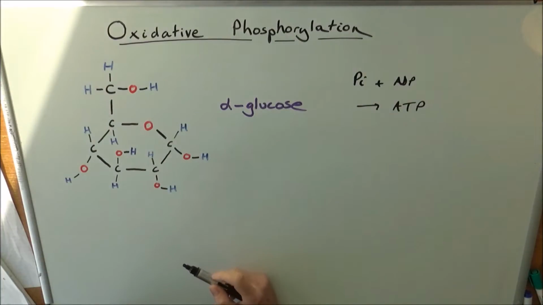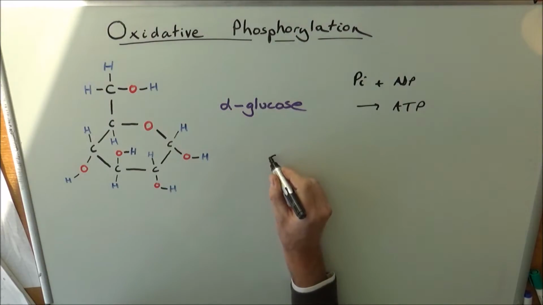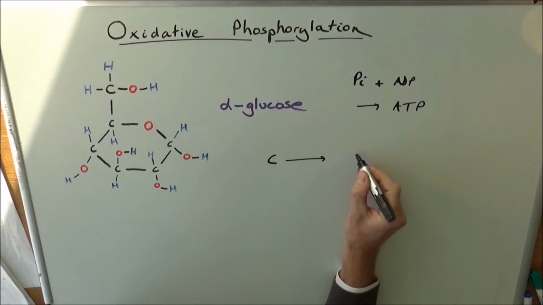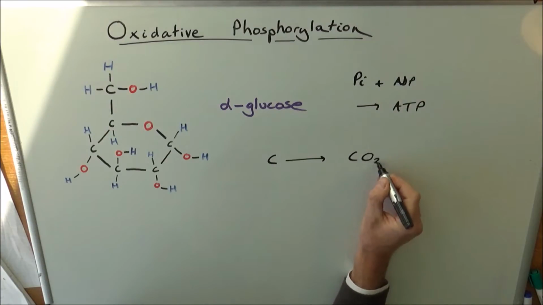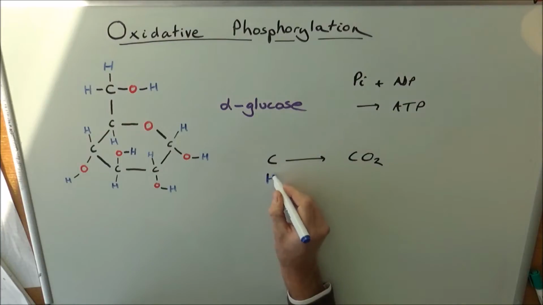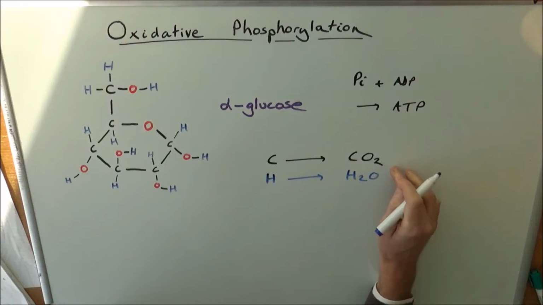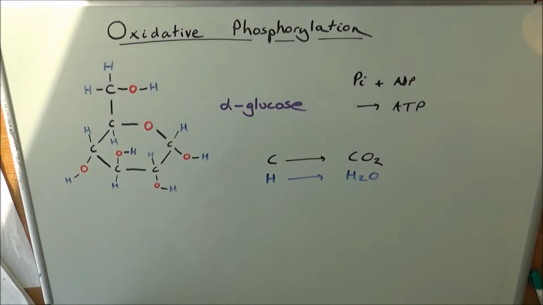At the very end of respiration, all of the carbon atoms, of which there are 6, finish up as carbon dioxide. So the carbon atoms have combined with oxygen, and similarly the hydrogen atoms finish up being water. So these are the products of respiration.